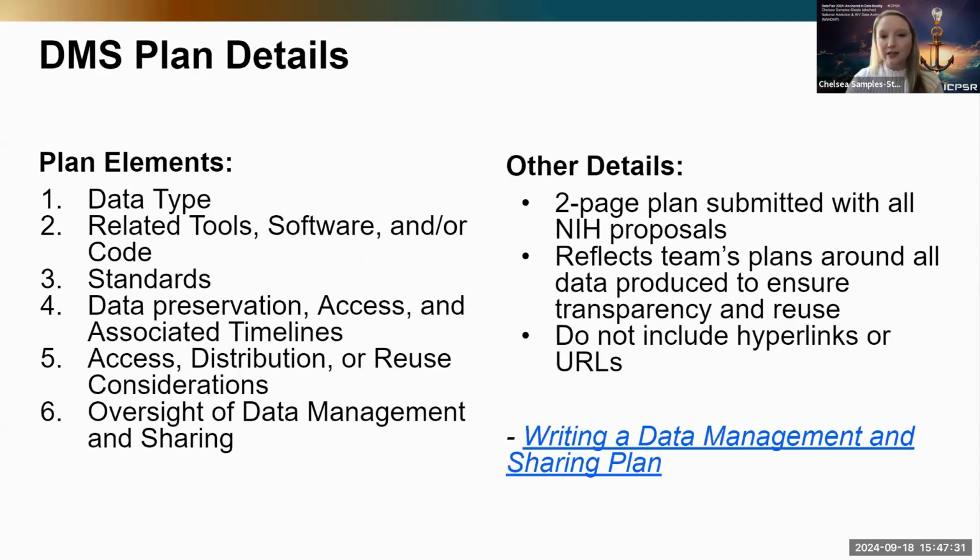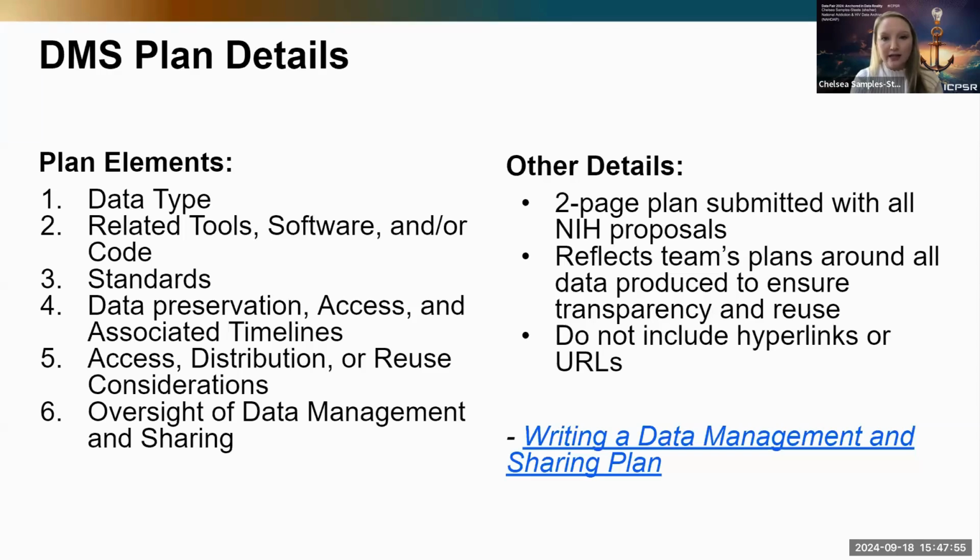And more detailed information about what the plan should look like. It should be no longer than 2 pages long, and it should reflect the research team's plans around data management, sharing, transparency, and reuse for all scientific data produced, and should not include hyperlinks or URLs within the plan. It should include the 6 elements listed here under plan elements.